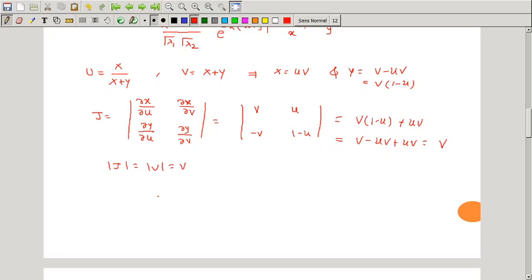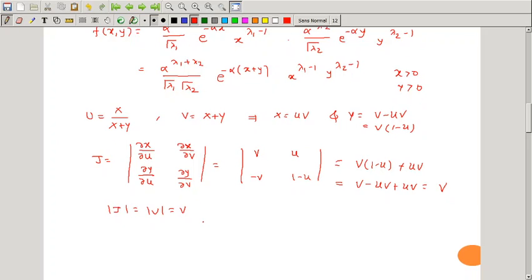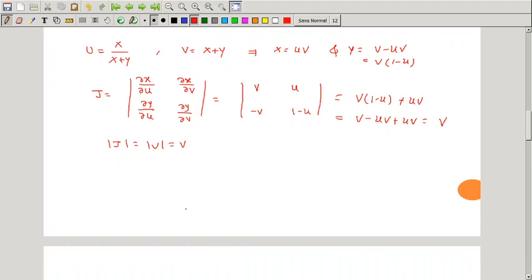And if we have to find the range of U and V, we know that X is greater than 0 and Y is greater than 0. So ultimately V is also greater than 0, and the range of U we will find now.